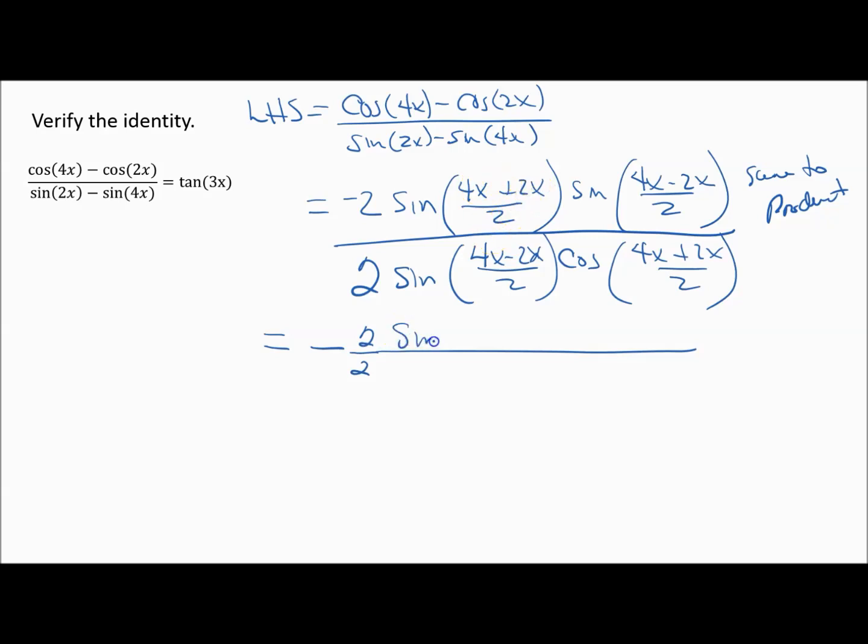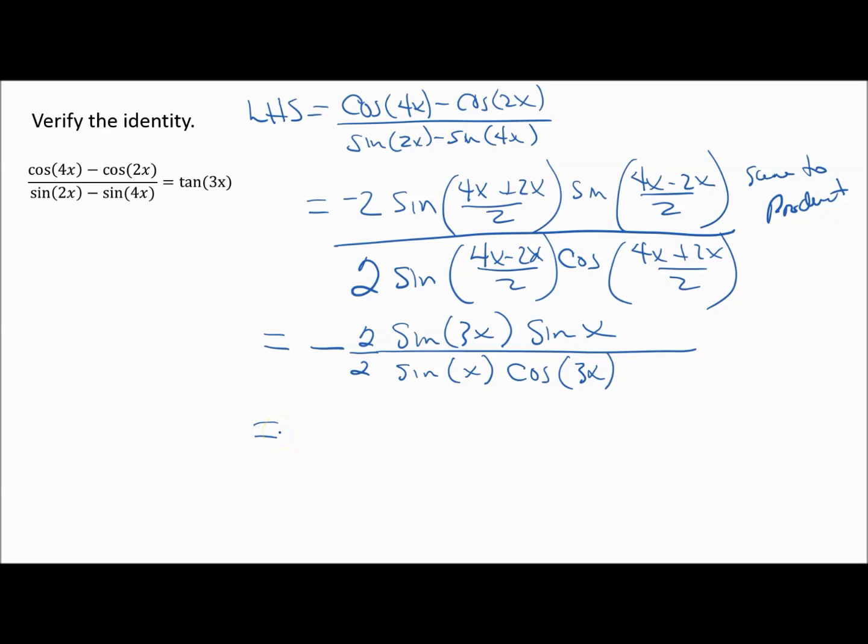So I have sine of 3x. 4x minus 2x is 2x divided by 2 is x. So sine of x. In the denominator, I got 4x minus 2x is 2x divided by 2. That's sine of x. And over here, I have 4x plus 2x is 6x divided by 2. That's cosine of 3x.